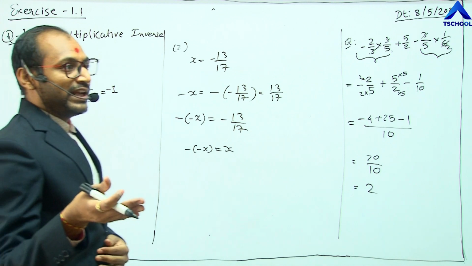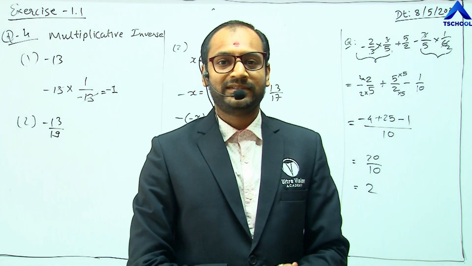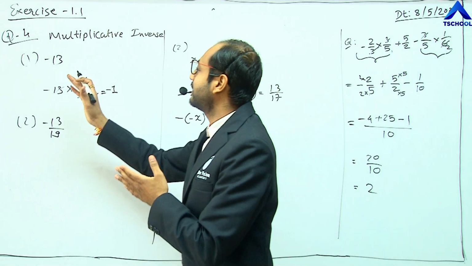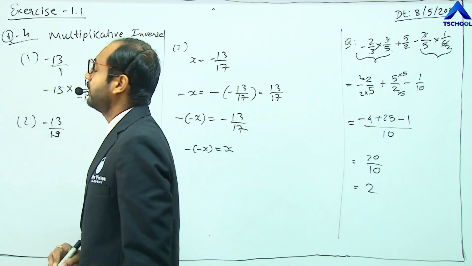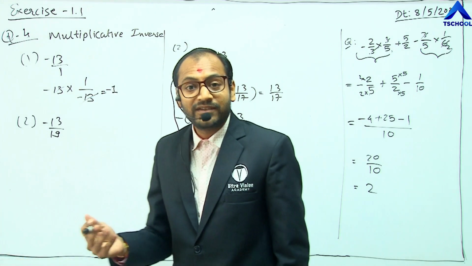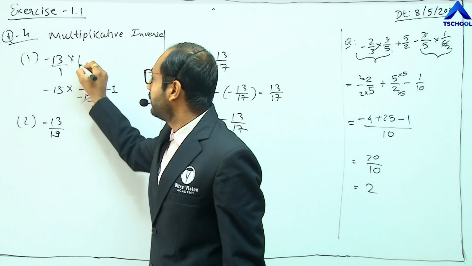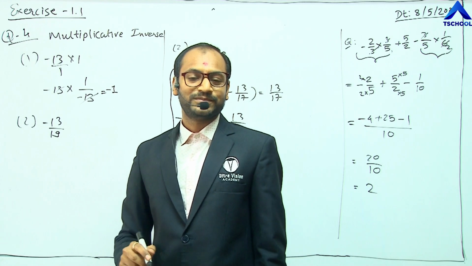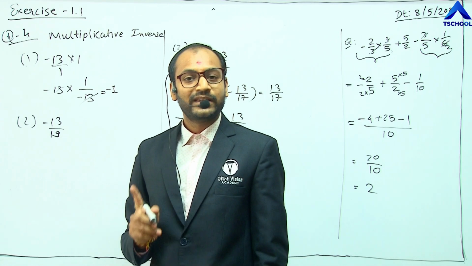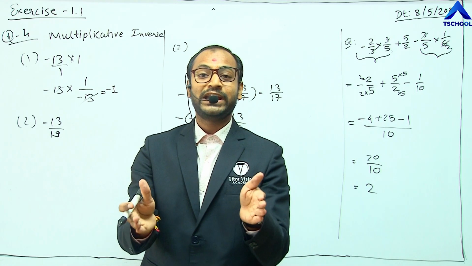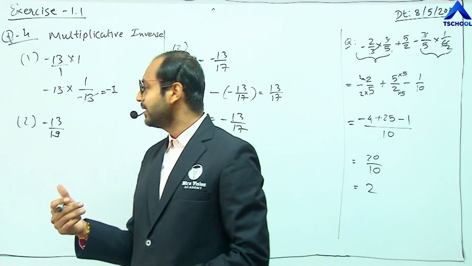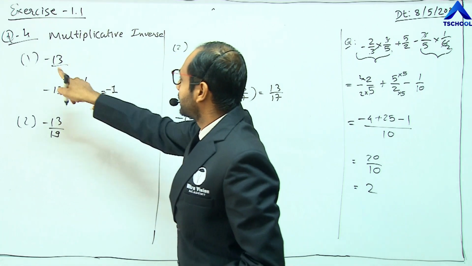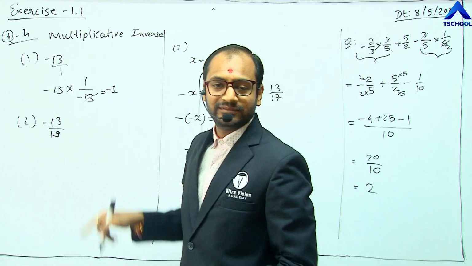In multiplication and division, if nothing is there, then we should consider 1 in the denominator, as we can consider 1 in the multiplication also. Clear? Because multiplicative identity is 1.